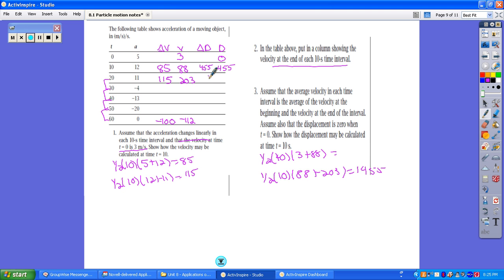So that's my change in the displacement. And then I would add that to 455 to get my new position, which is 1910. So you're going to do that until the end, and your final distance would be 6,155. So you should finish that up as well and make sure it's correct.